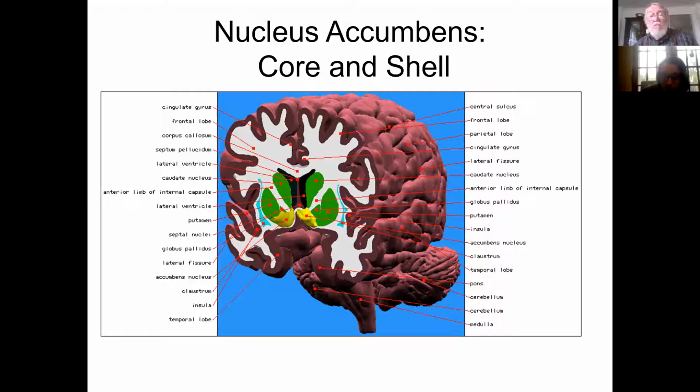But it's also incredibly important in motivational input. What now becomes important is that there are two parts of the nucleus accumbens: the nucleus accumbens core, which is the center nucleus, and on its medial edge a boomerang-shaped structure called the nucleus accumbens shell.